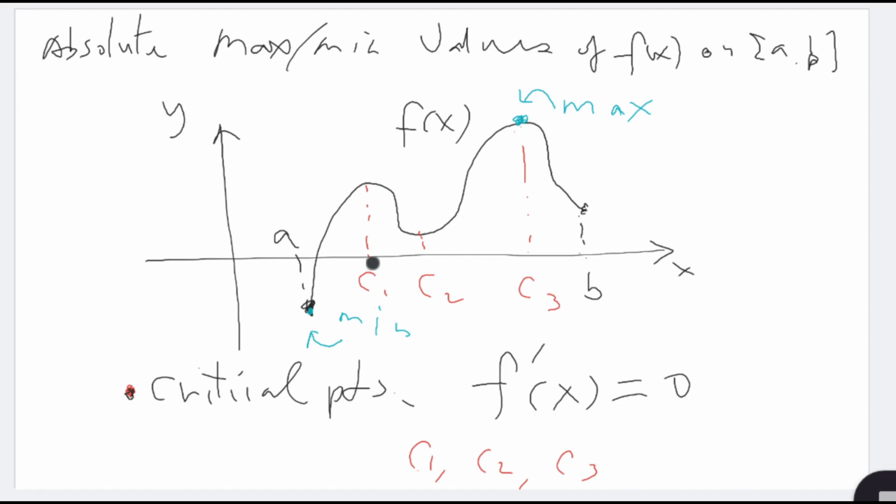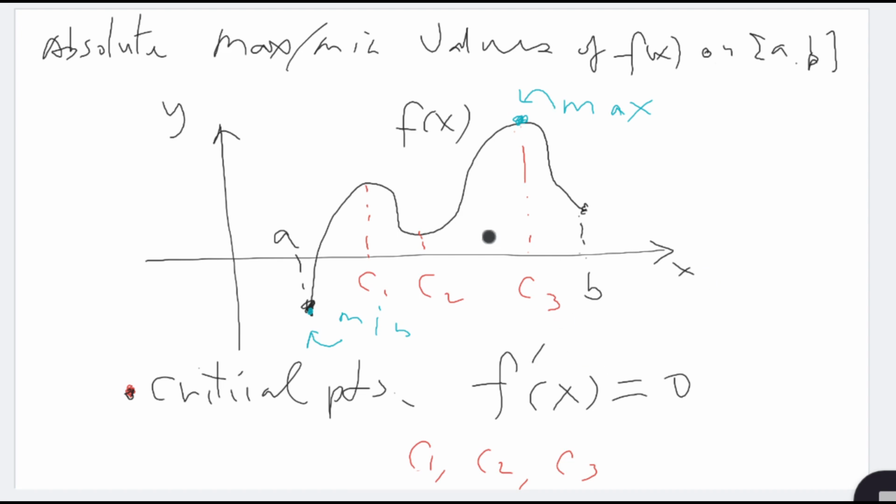So the strategy is to find those critical locations, C1, C2, C3, and then evaluate the function at the critical locations and at the endpoints. Just compare. The largest is going to be the global maximum. Of course, without the graph, we would have no idea which is a local minimum or local maximum, but it works as long as we grab all the values of interest and compare.